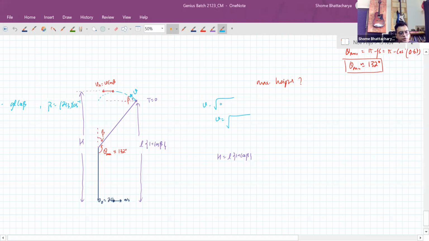Okay, so the V at this point was root gL cos beta. So that was this. Okay.